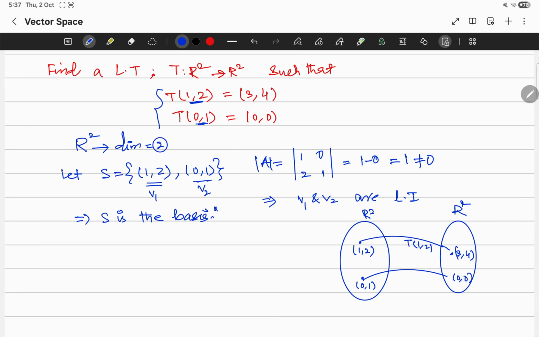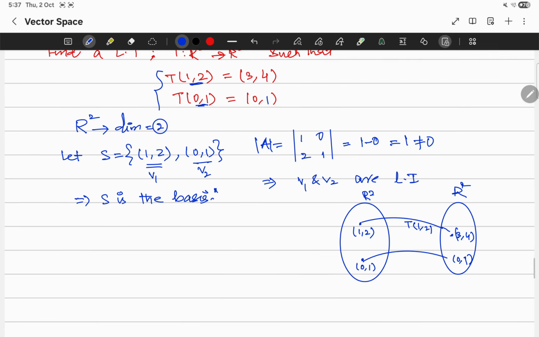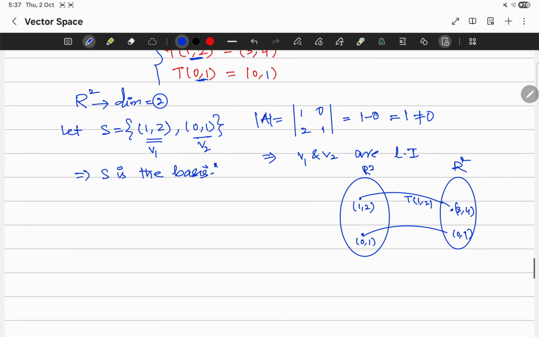Sorry, it is 0 comma 1, not 0 comma 0, it is 0 comma 1. Now you have to check what is the general linear transformation for this. So what will you do? As you know that these two vectors make a basis, whatever vector is in your domain is a linear combination of these two vectors.